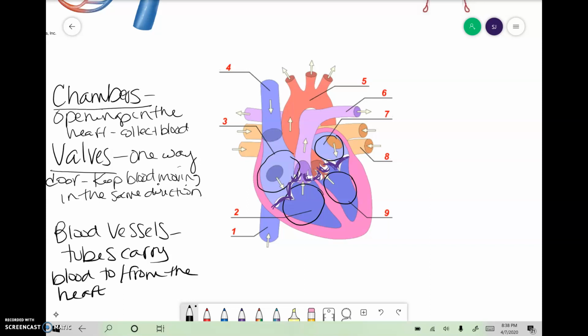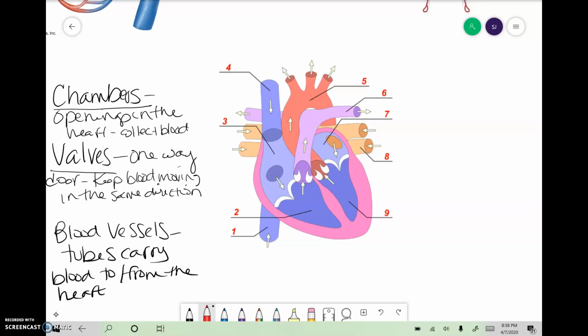Okay, and you have veins and arteries. So kind of segue into that, your heart has some different colors that I'm sure you've seen in different anatomy or biology books. Blood vessels and the parts of the heart are either red or blue, and that's signaling what type of blood is flowing through that side of the heart.